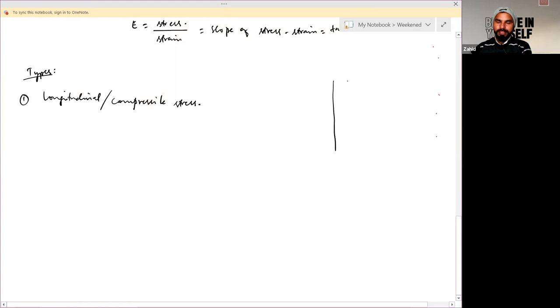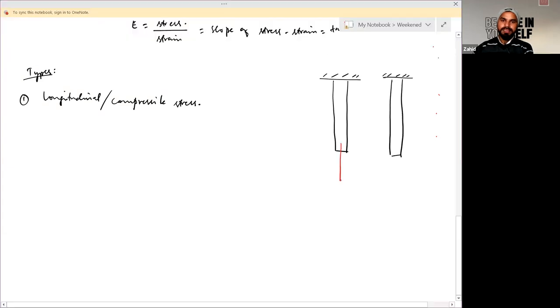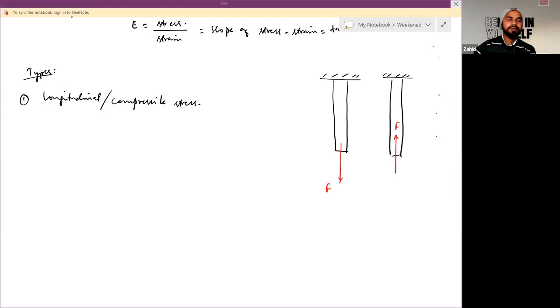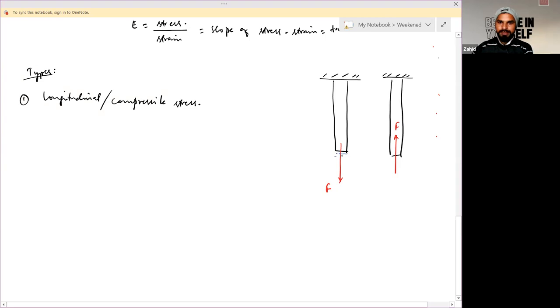Suppose you have a body attached to a support, and you apply a deforming force, let's say to extend this part, or to compress this object. Due to that deforming force, this body has deformed by this much amount.